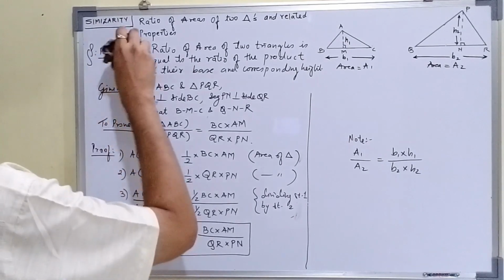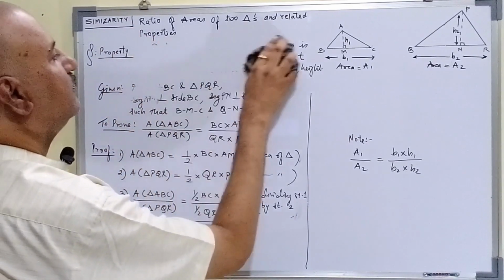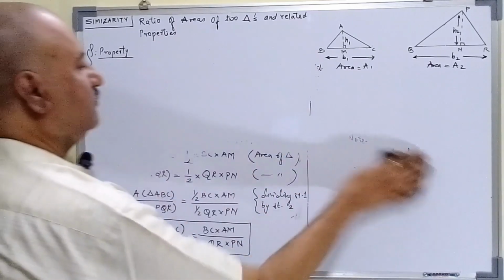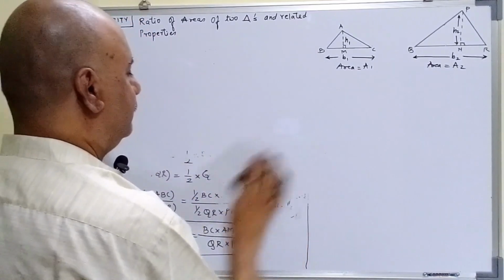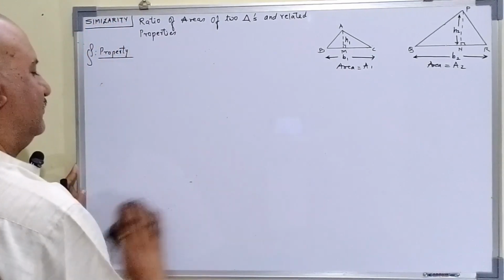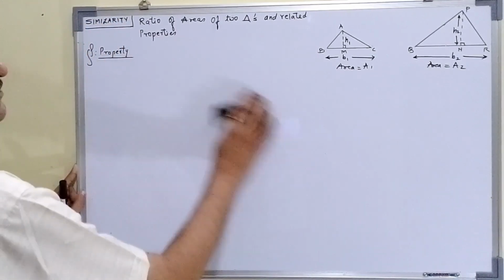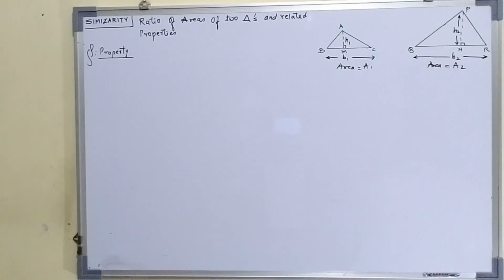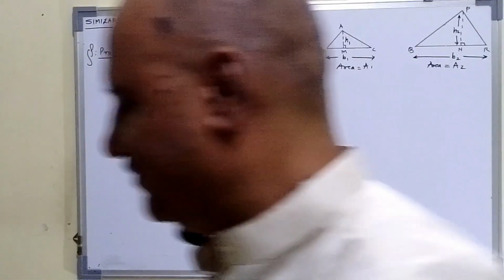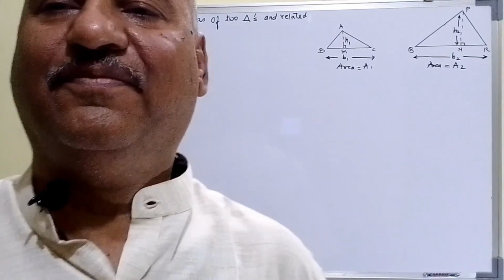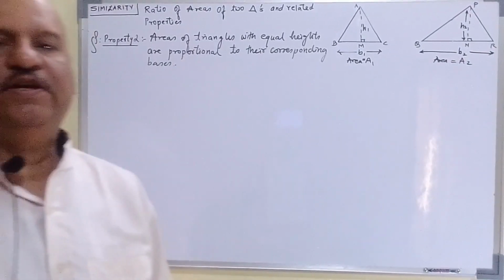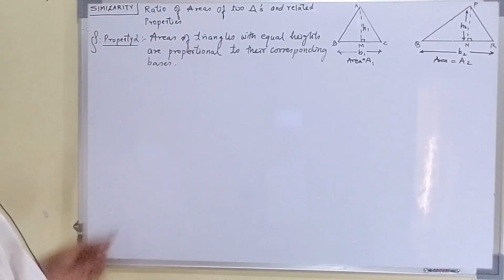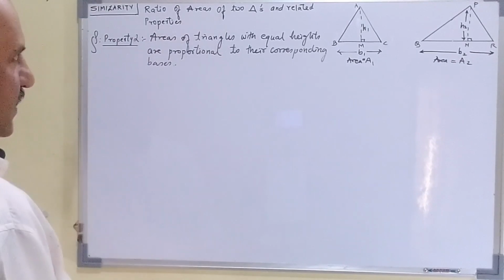Property number 2. Now we are going to study the second property: the ratio of areas of two triangles and a related property.